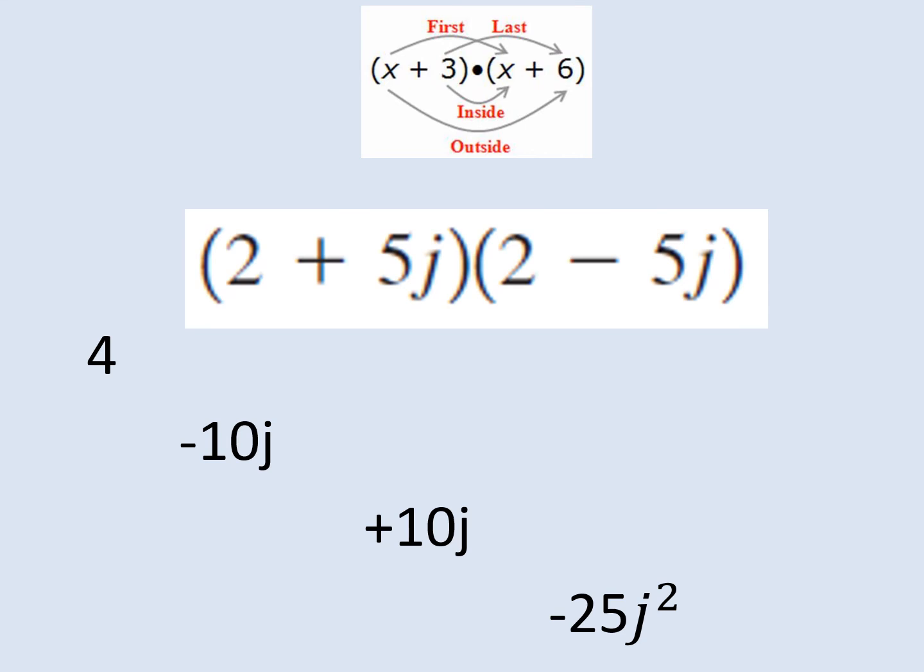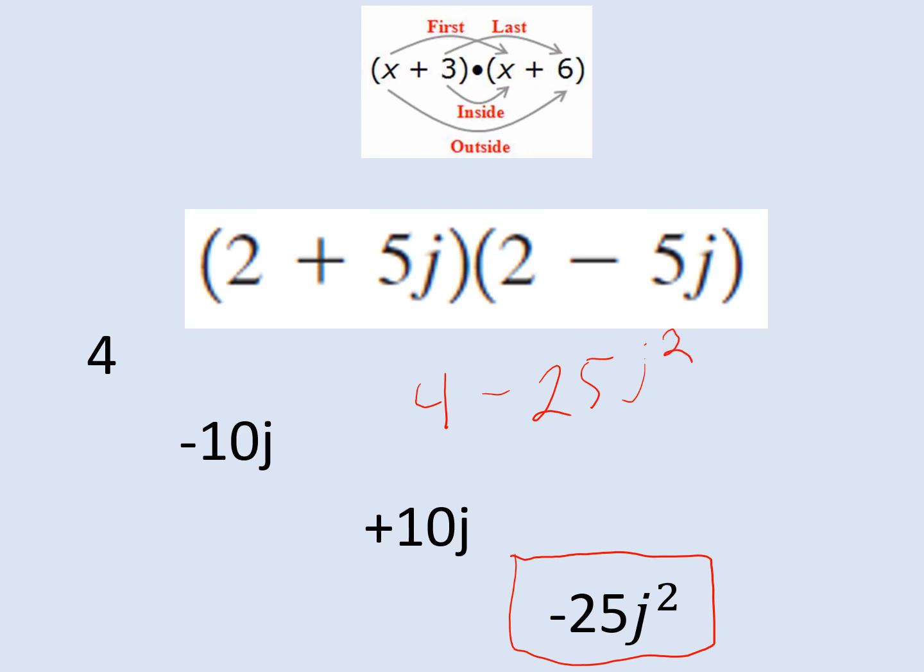Later, shortly, we'll go more in depth on how to simplify terms of j, because j squared is negative 1, as you remember from earlier. So essentially, you're left with 4 minus 25j squared.